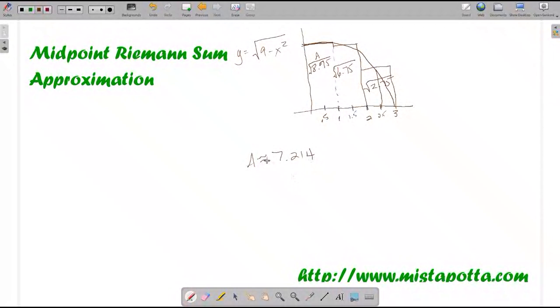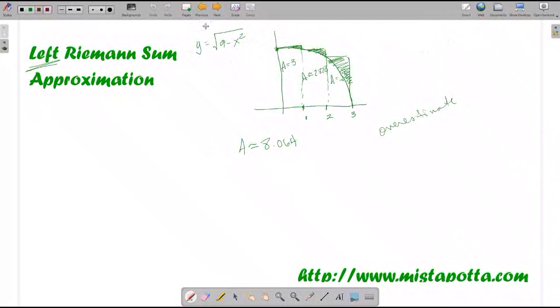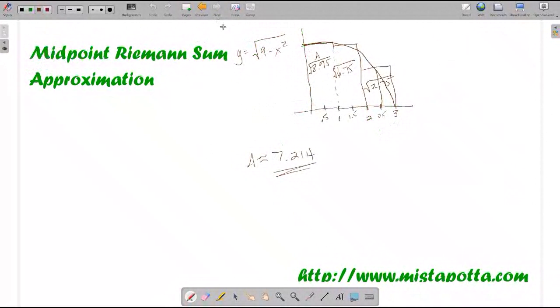Now keep in mind that this lies between my underestimate of 5.064 and my overestimate of 8.064. But this is not saying that that's necessarily a better measurement.